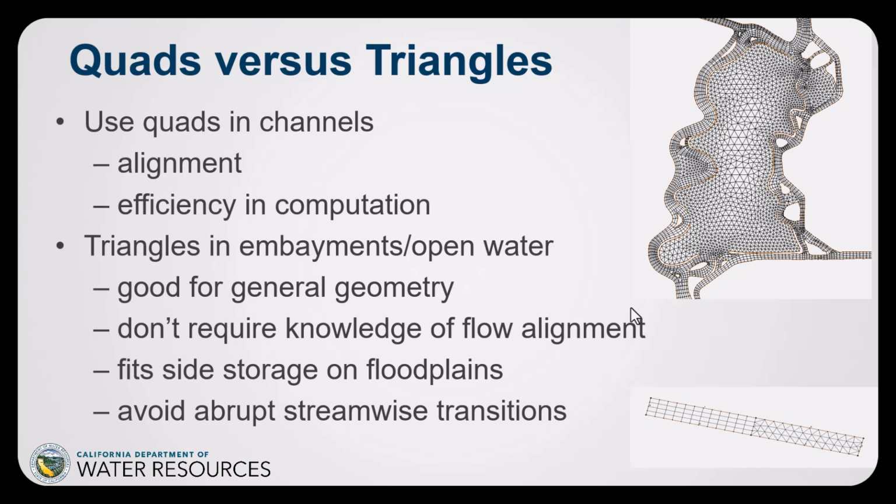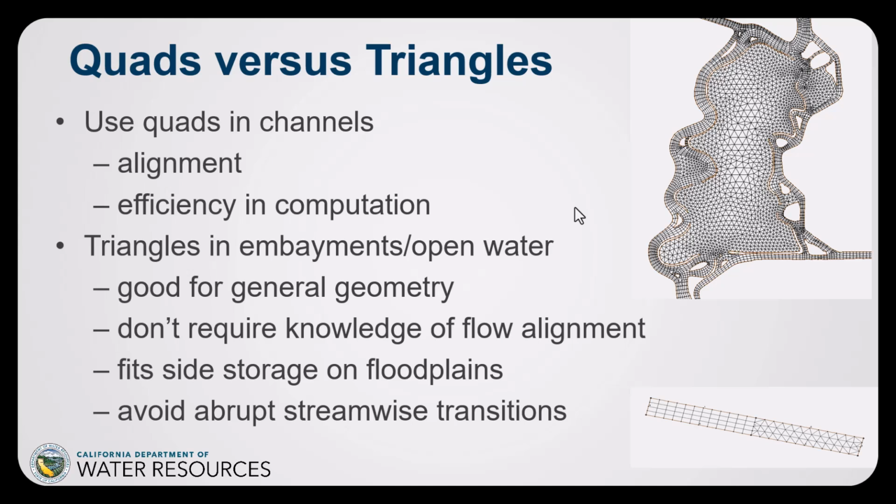So now let's talk about gridding conceptual plans and how you integrate choices about quads and triangles and bathymetry all into one plan. Quads and triangles, first of all, we use quads a lot of the time when we can, certainly in channels and certainly when flow alignment is a focal issue. It's also worth pointing out that quads are more computationally efficient.